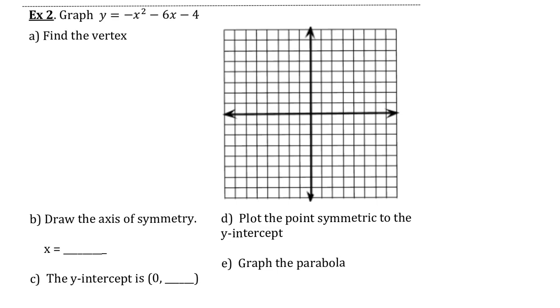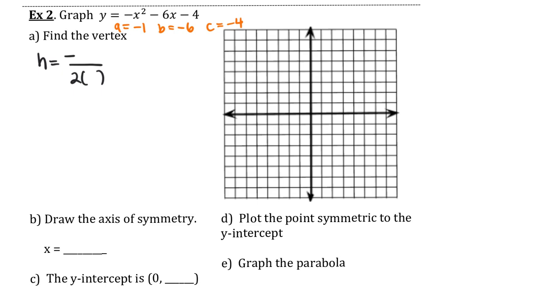Okay, I'm going to identify A, B, and C, but again, you don't have to, as long as you can plug them in correctly. Since it's negative x squared, A is negative 1, B is negative 6 for negative 6x, and C is negative 4. To find the vertex, H equals negative B over 2A.